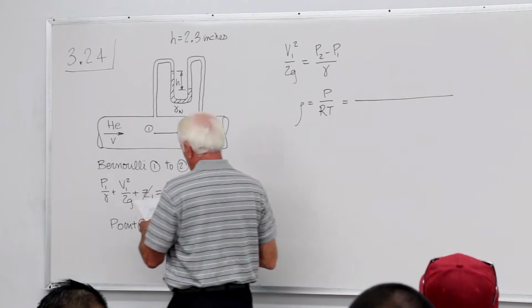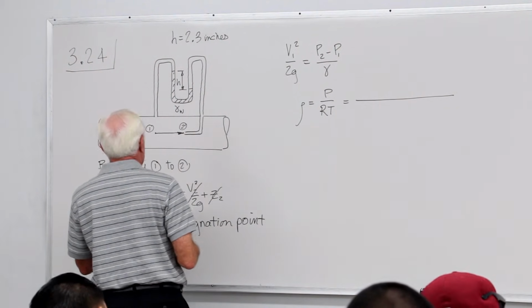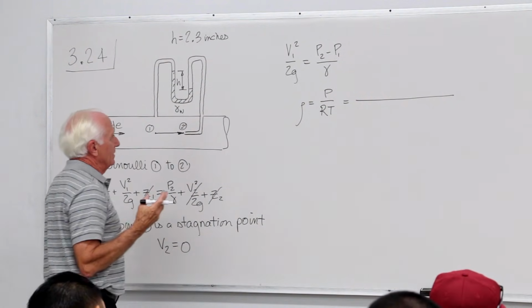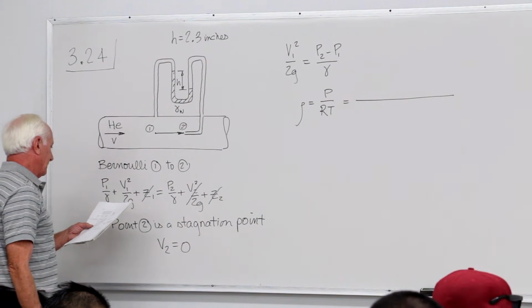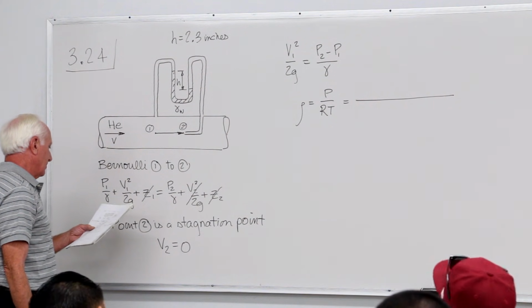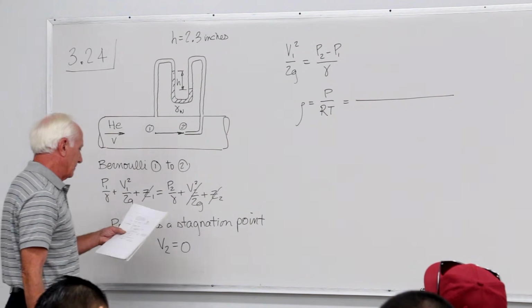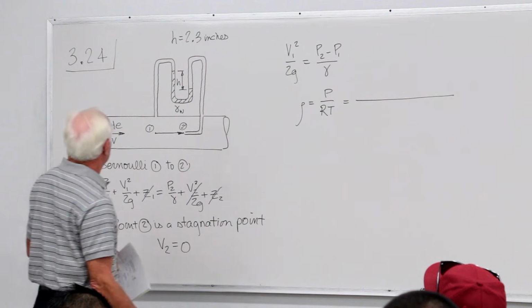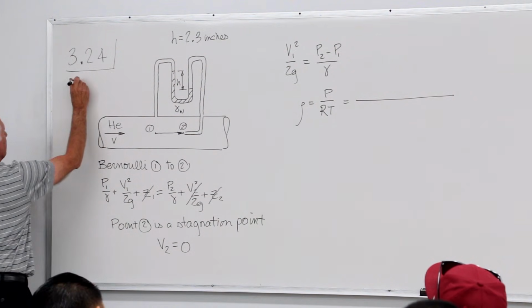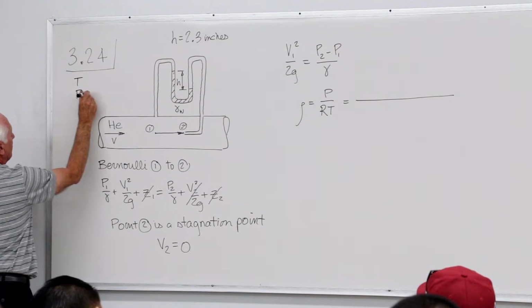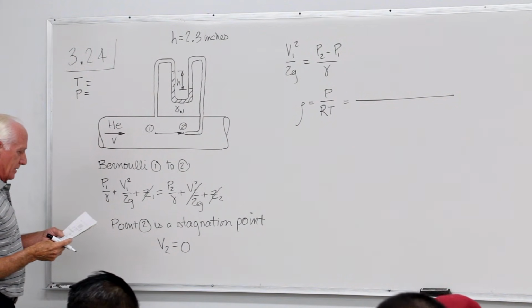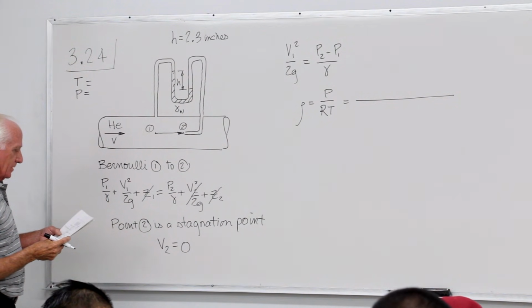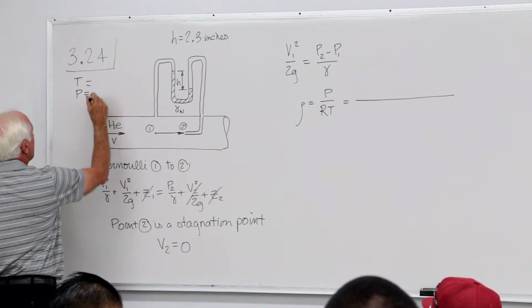Okay, and let's see what our P is. Pressure, 25 psi, isn't it? Yeah, 25. Did I write that down? Let's put it over here, T in the pipe and P in the pipe. Okay, he says, I'll read it again. The temperature and pressure of the helium is 40 degrees F, 25 psia.